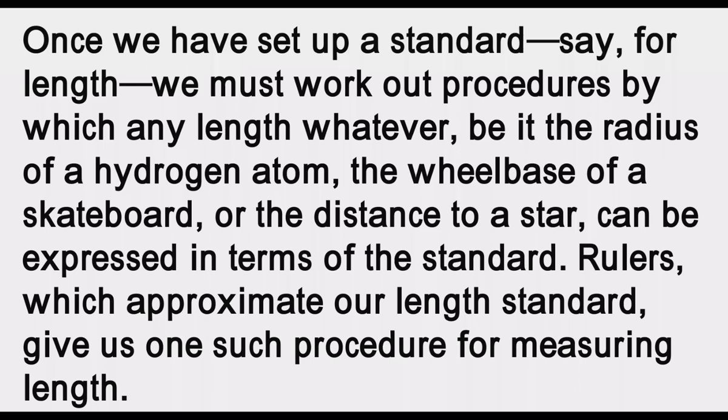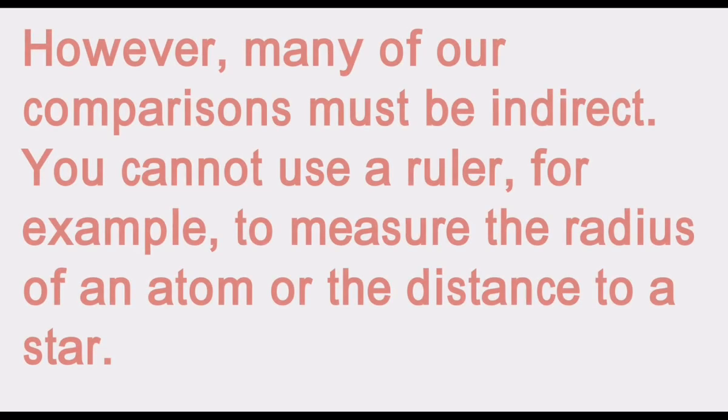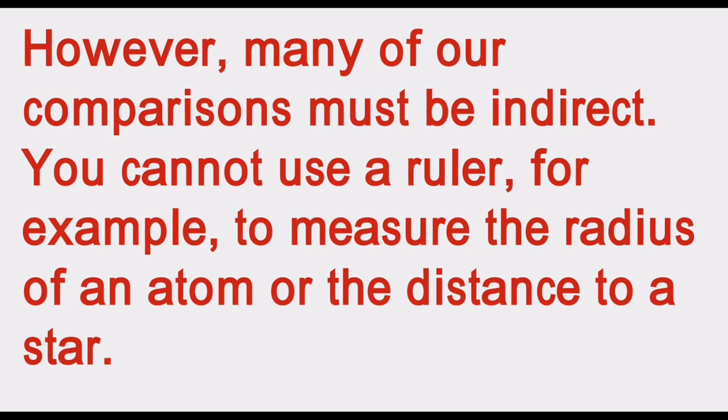Rulers, which approximate our length standard, give us one such procedure for measuring length. However, many of our comparisons must be indirect. You cannot use a ruler, for example, to measure the radius of an atom or the distance to a star.